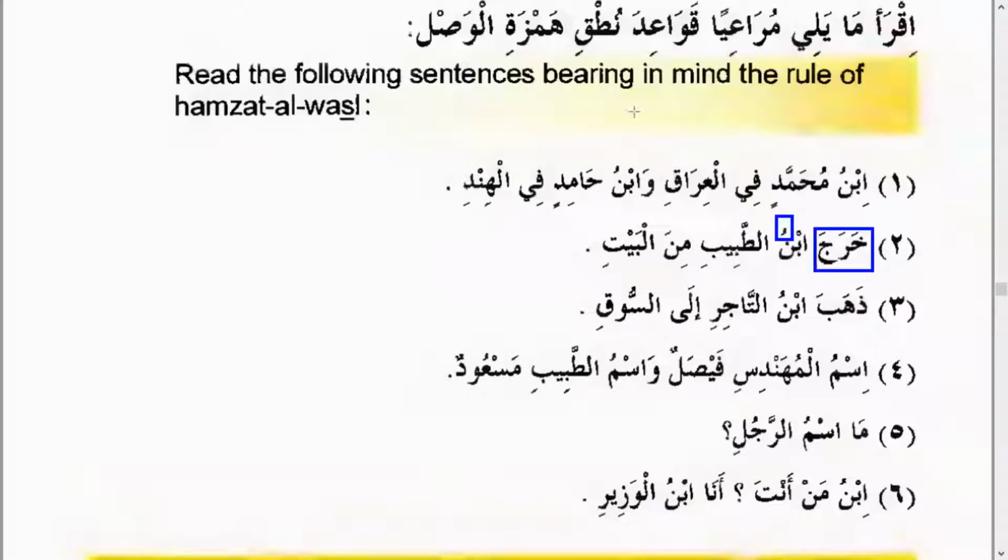You should not say the fa'il is these two words. No, the fa'il is only the first word. The tabibi just gives you more information. He's the son of the doctor, right? This is mudaf ilayhi. Mudaf ilayhi doesn't play any role in the sentence, generally speaking. If it's the khabar or the fa'il, it's the first word, the mudaf, which is important. Okay. The doctor's son came out from the house, min al bayti.